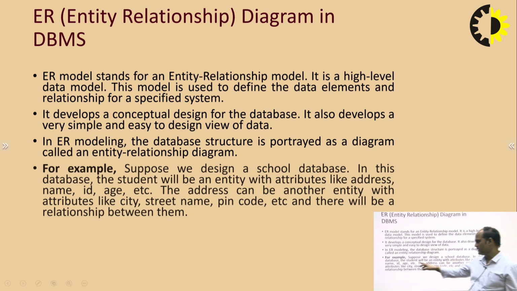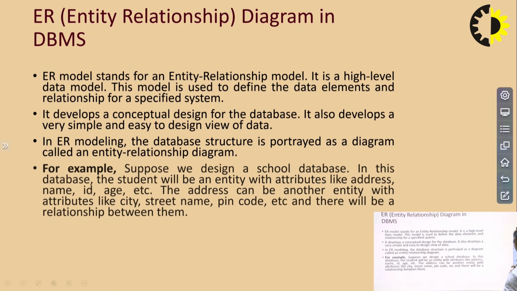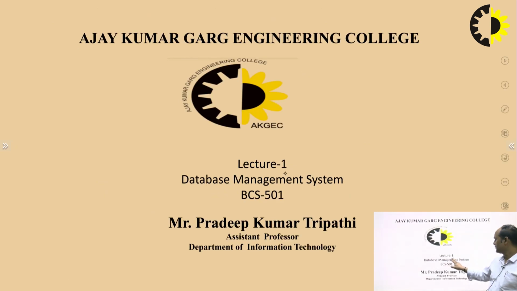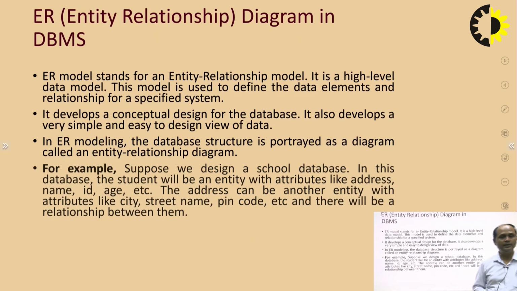Suppose we take the example of a school. We can design a school database. In this database we can identify entities like name, ID, age, address, and connect them with attributes, and finally draw the particular database structure.